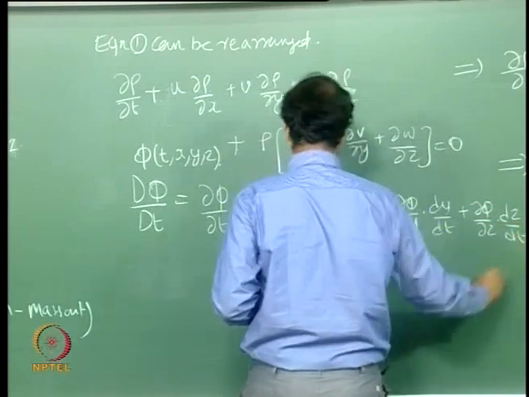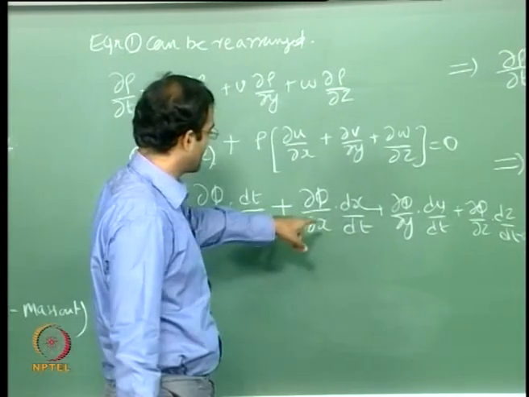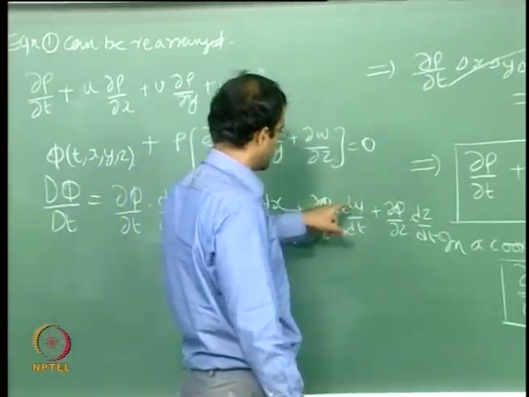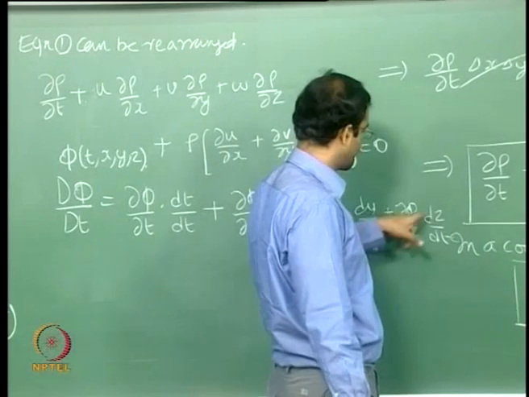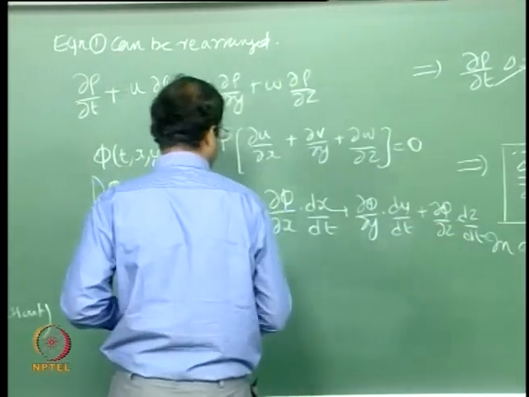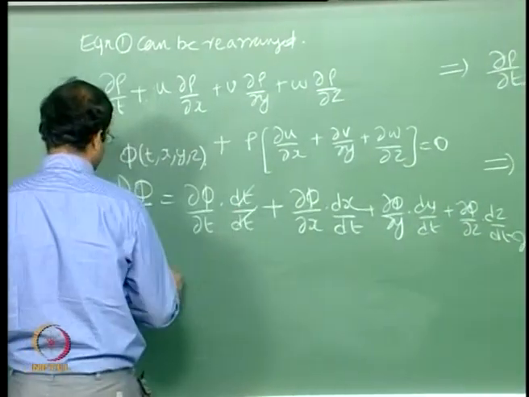Now we all know that dx by dt is nothing but the velocity in the x direction, dy by dt is the velocity in the y direction and dz by dt is the velocity in the z direction, and this cancels off.